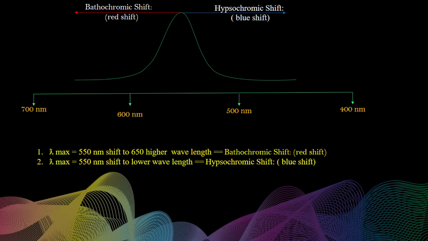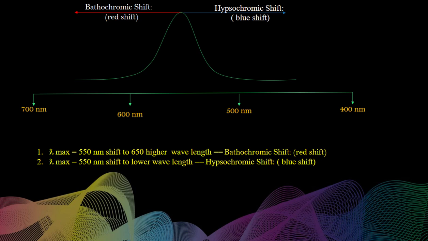From this figure, the left hand side, which is indicated by a red line, is called bathochromic shift, and the right side, which is indicated by a blue line, is called hypsochromic shift, and it is also known as blue shift. From this figure, if lambda max is equal to 550 nm and it shifts to a higher wavelength, that is 650 nm, then it is a bathochromic shift.